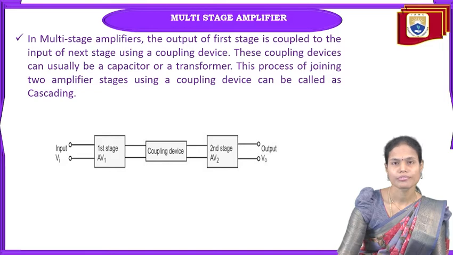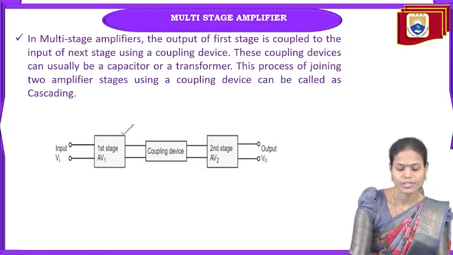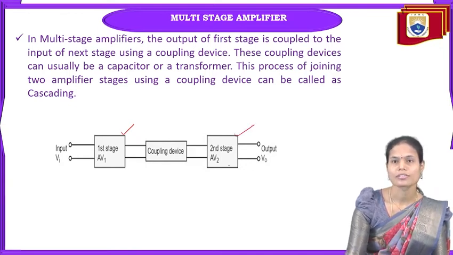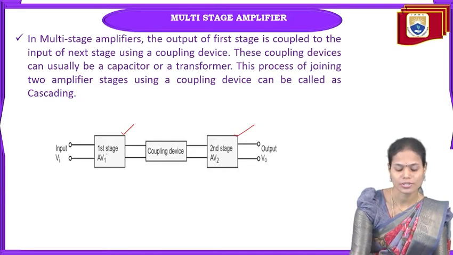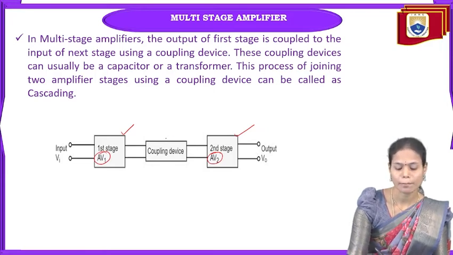So this is a circuit for the multi-stage amplifier. Here we take the first stage, a single stage amplifier, and one more stage as the second stage. The gain provided by the first stage we take as AV1, the voltage gain of the first stage, and the gain provided by the second stage as AV2.